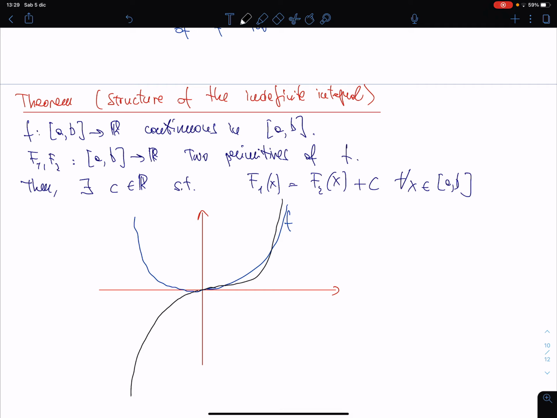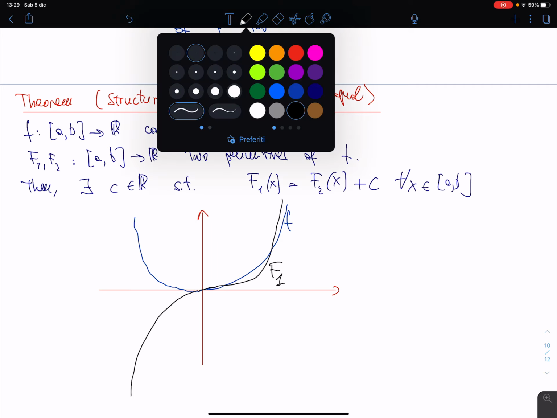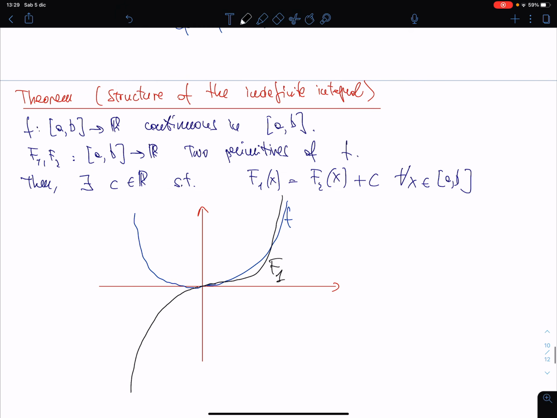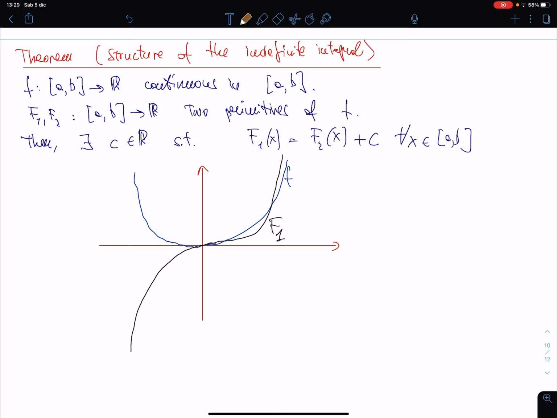Now, every other primitive of small f looks exactly like F1, except that it is vertically translated, like the brown function here.